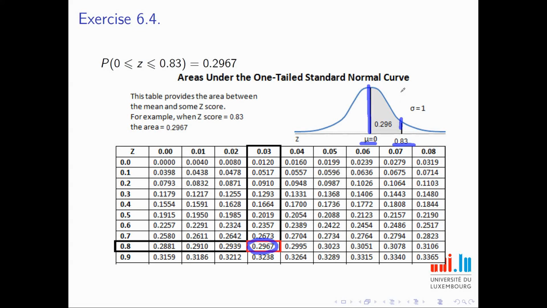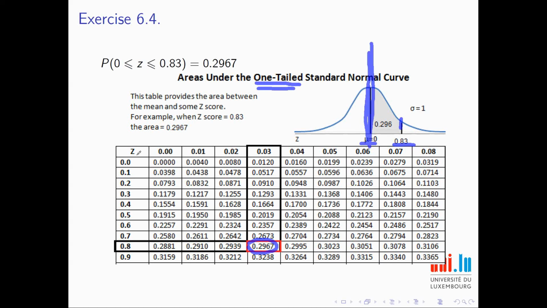Okay, so far just pay attention that it's one tail, and that means we calculate the area under the curve for the interval between 0 and our quantile.